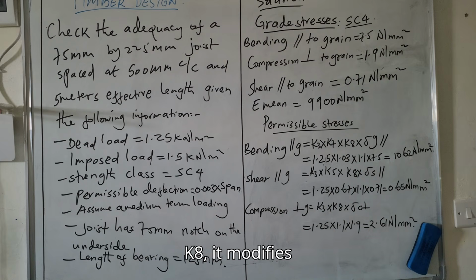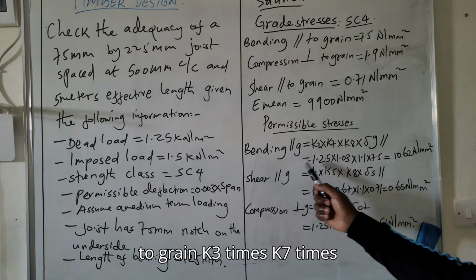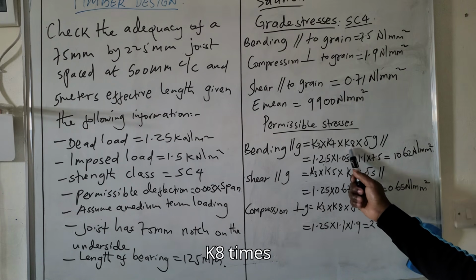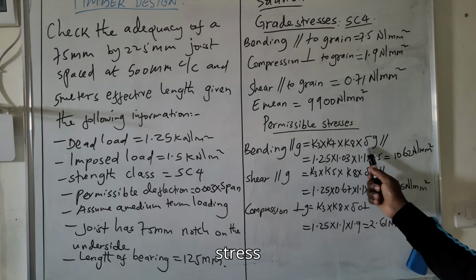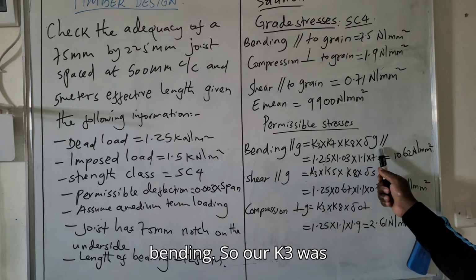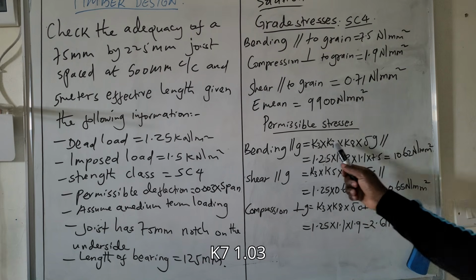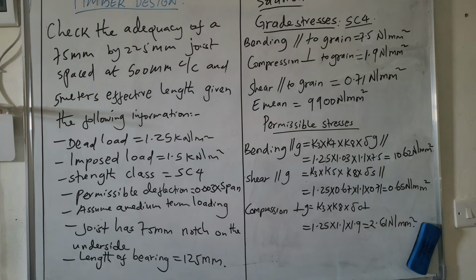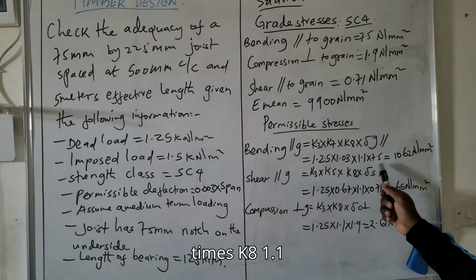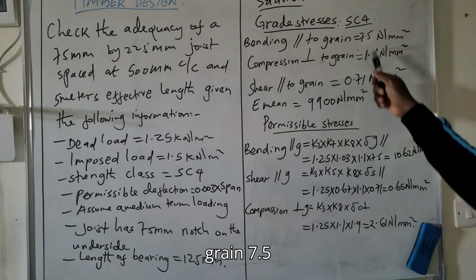K8 modifies again all the grade stresses. So bending parallel to grain is K3 times K7 times K8 times the grade stress parallel to grain in bending. So our K3 was 1.25 times K7 1.03 times K8 1.1 times stress bending parallel to grain 7.5.